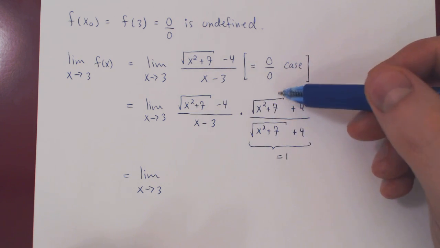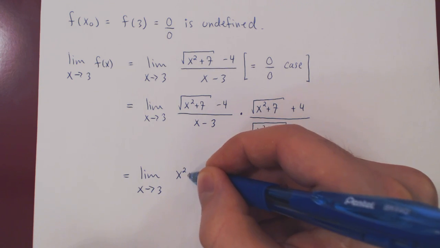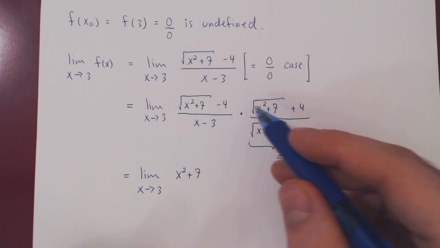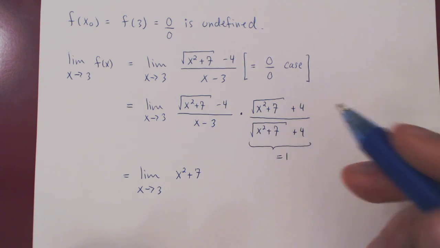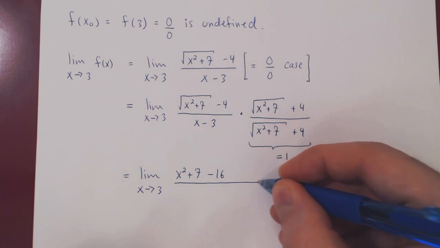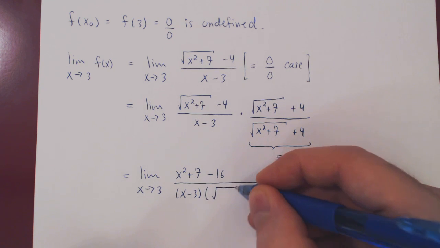But if we do the numerator, we'll get x squared plus 7, plus 4 times the square root minus 4 times the square root is 0, minus 4 times 4 is minus 16, over x minus 3 times the root of x squared plus 7 plus 4.